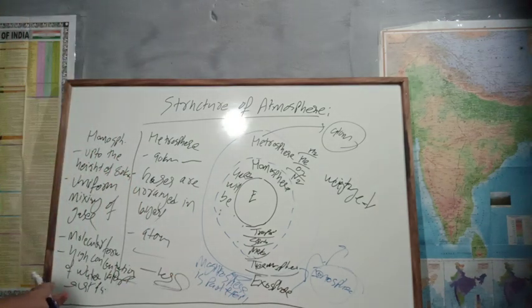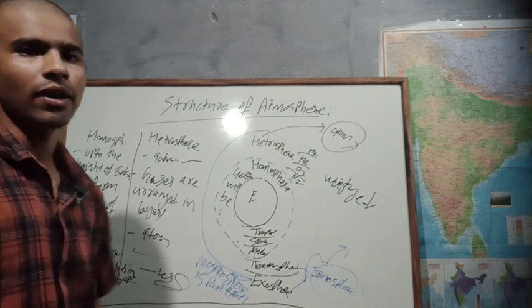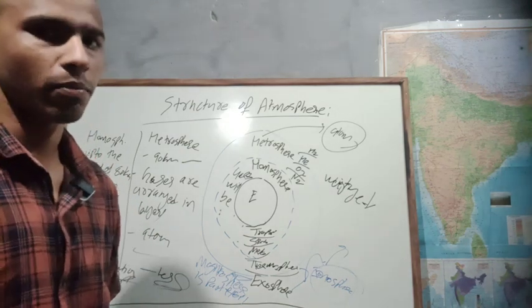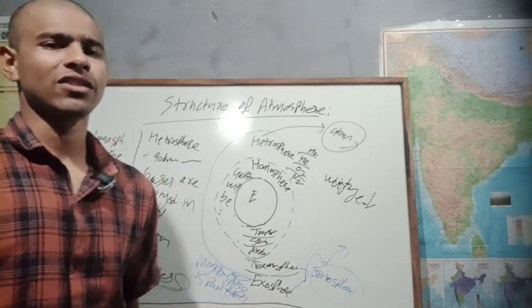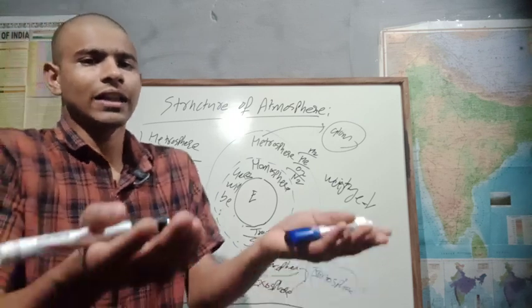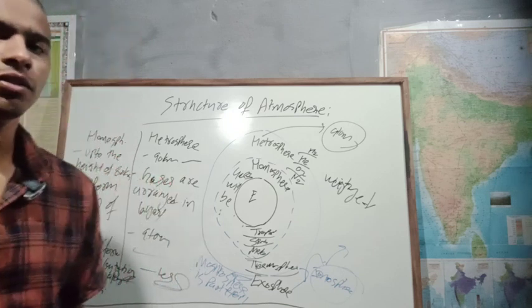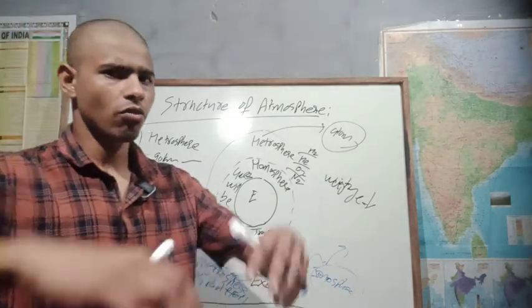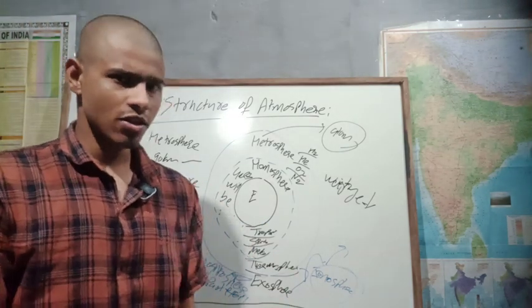This is water vapor. As we discussed previously, as the altitude increases, the concentration of water vapor and dust particles decreases. So the same will happen here.